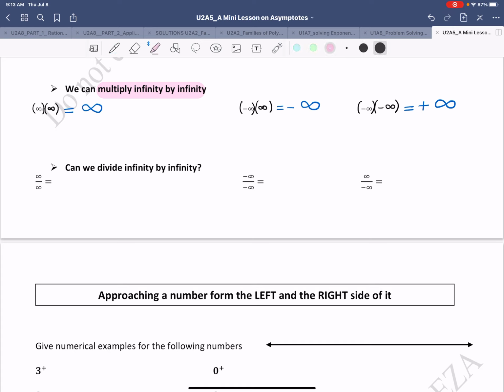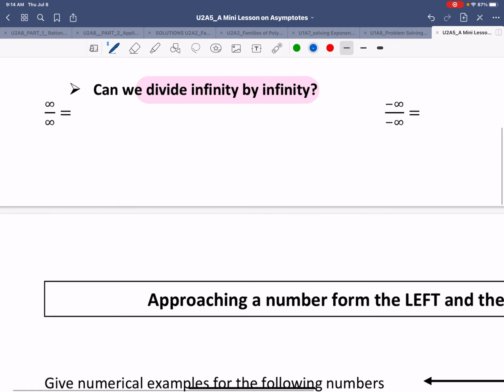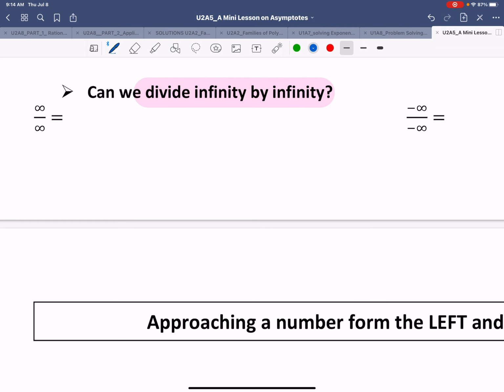Now, can we divide infinity by infinity? So let's take a look at this example. Imagine having infinity, dividing it by infinity. We don't know how large an infinity the numerator is and how large an infinity the denominator is. So we are going to say that if this infinity in the numerator had an extra 0, and remember again, infinity cannot be a number.